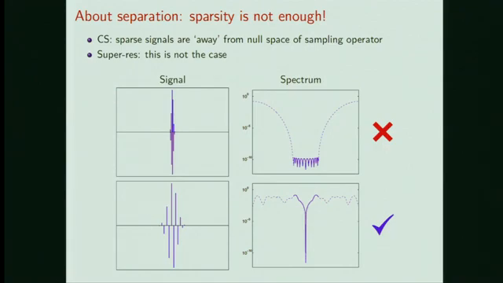So I cannot recover it if I have a tiny bit of noise. And here, as soon as the spikes spread a bit at the Rayleigh distance, the signal cannot completely vanish at low frequency. And so that's why, even if you had an algebraic solver, you would need the separation condition. Otherwise, you have unstable results.